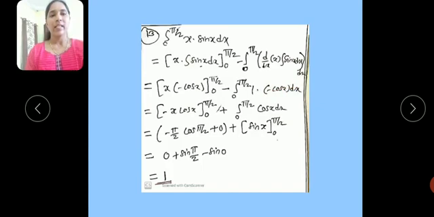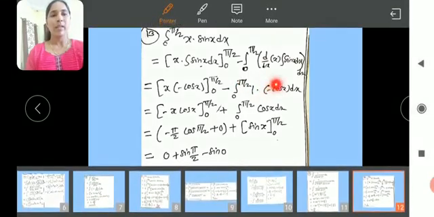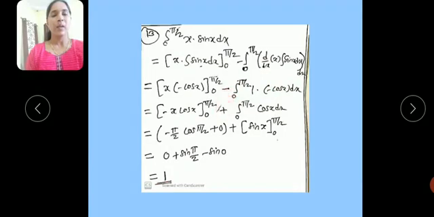Here x into minus cos x is minus x cos x from 0 to pi by 2, plus, here minus we get plus, integration from 0 to pi by 2 of cos x.